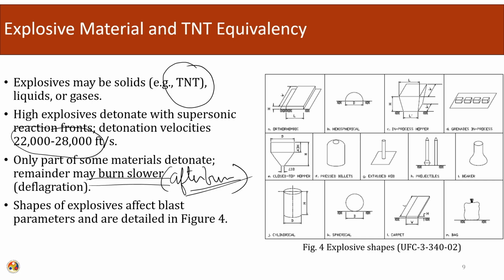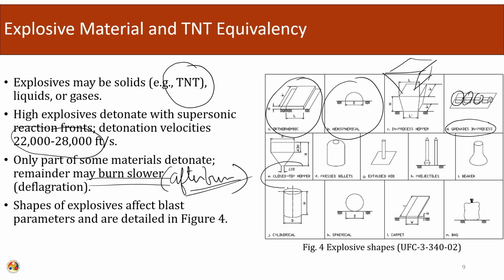The explosives can be made of orthorhombic material. It can be hemispherical, it can be in the form of a hopper, like this. It can be grenades, small billets. It can be in the form of close-up hopper, pressed billets, extruded rods, projectiles, beakers, cylindrical, spherical, carpets, bags.